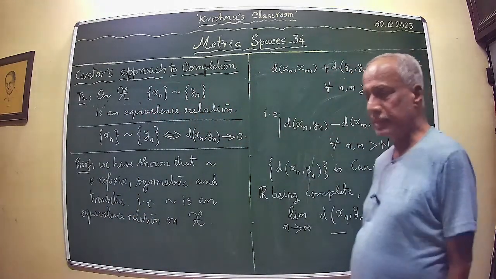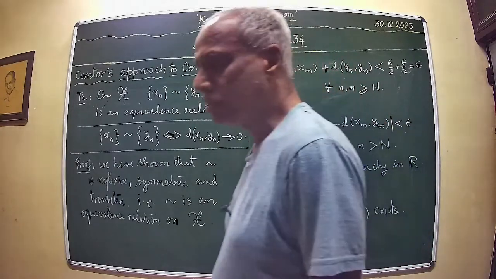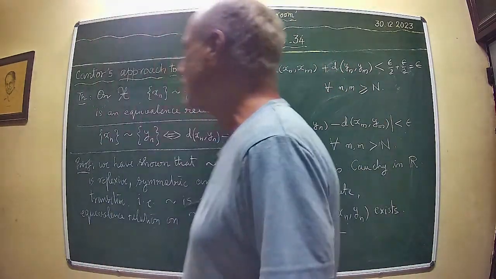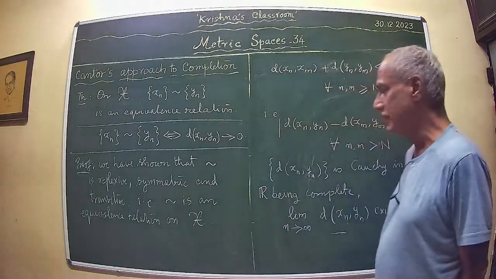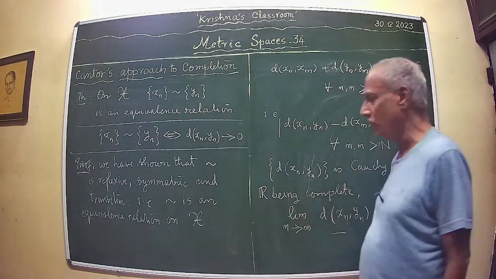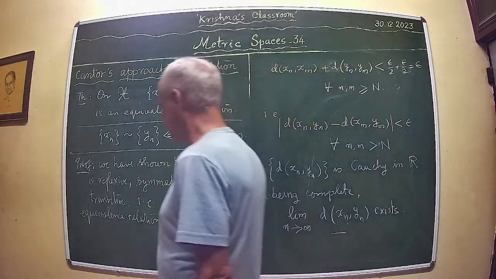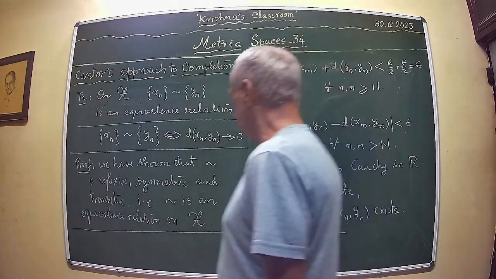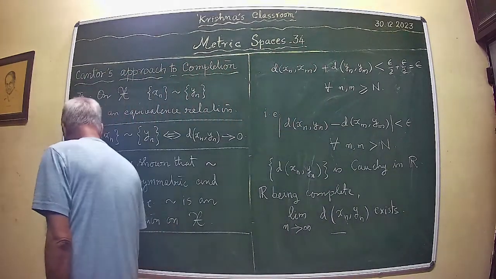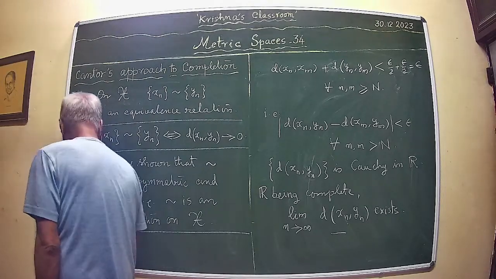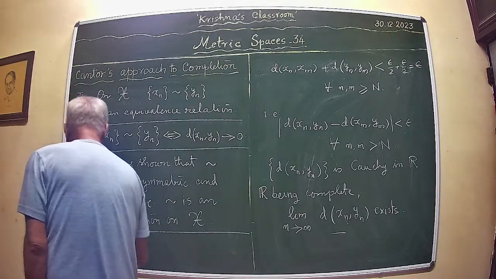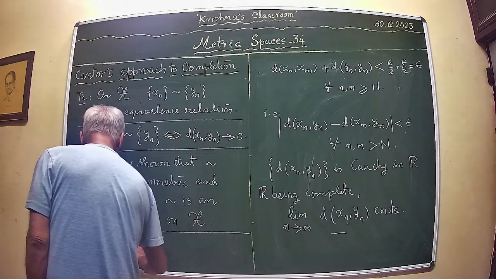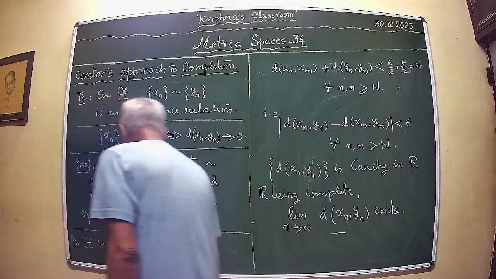Therefore what is that we can expect? The immediate consequence is that it induces a partition on X. So this proves it. Now on X, the relation induces a partition.